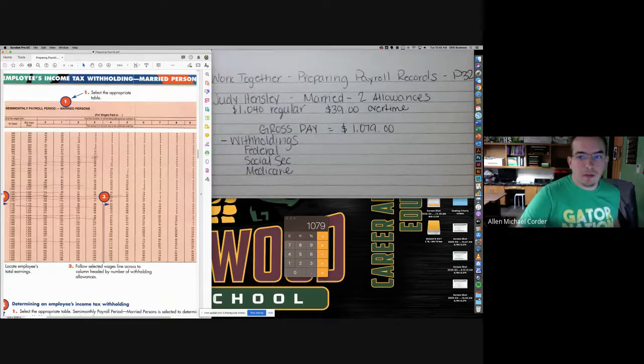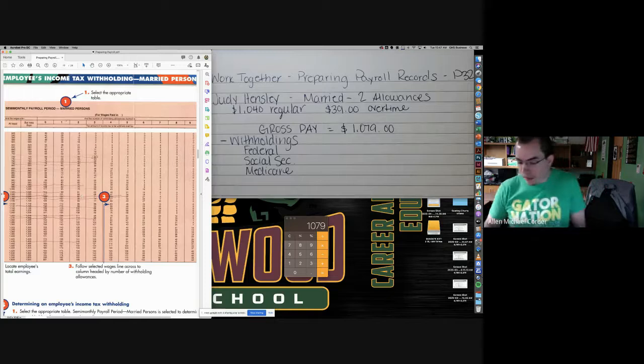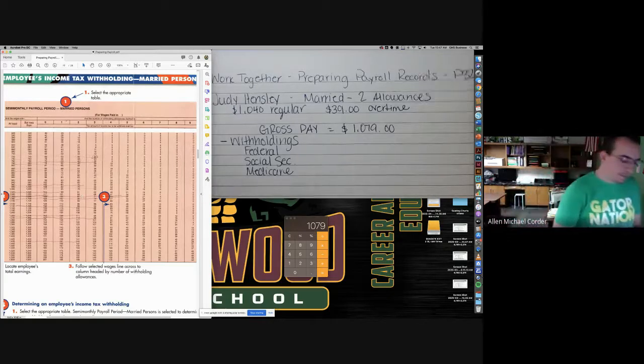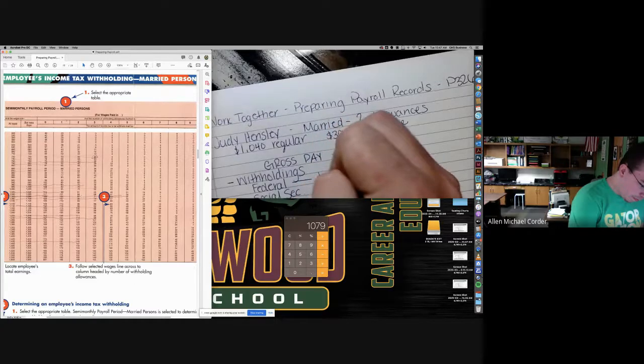Judy made $1,079. She made at least 1,060, but less than 1,080, which is what we qualify for. She has 2 allowances, so you follow this line across, and then this is the 2 allowances column. So she had $87 withheld in federal income tax. $87.